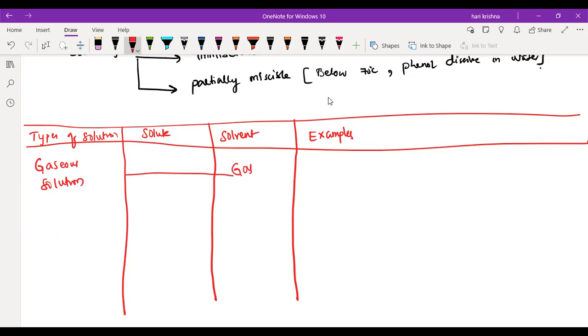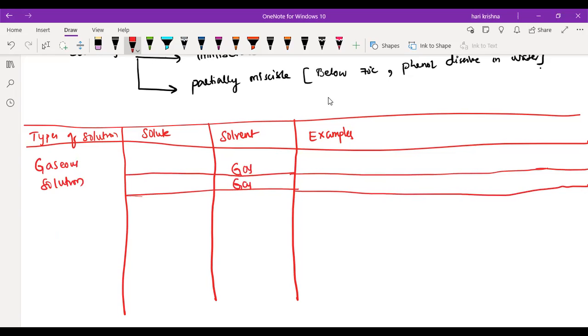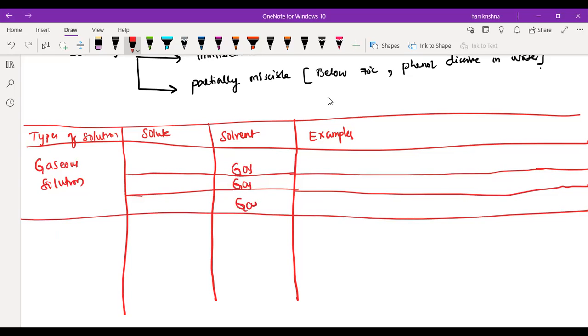So again, we'll get 3 different types: first gas in gas, then liquid in gas, then solid in gas.